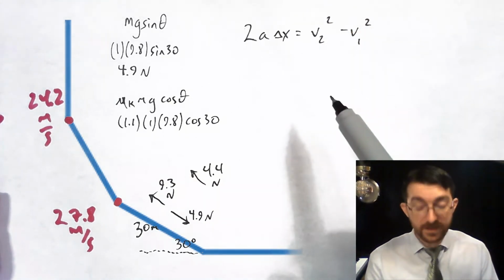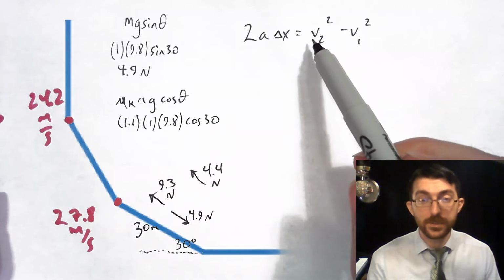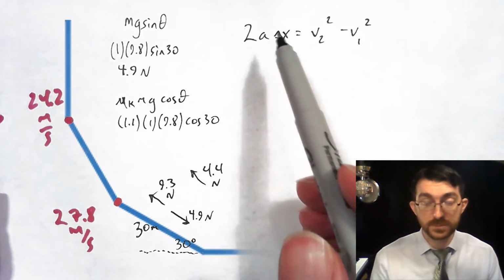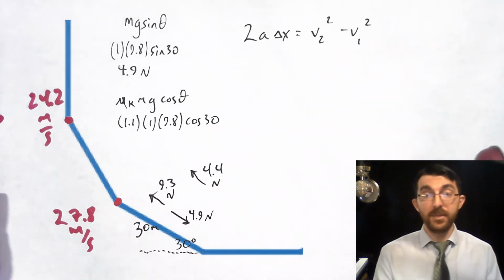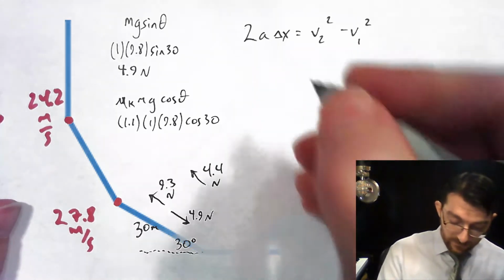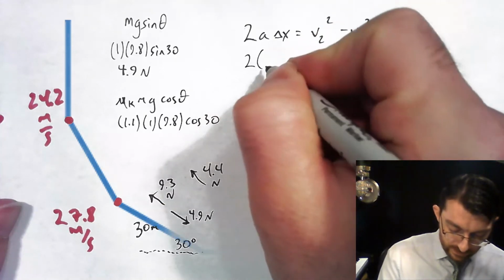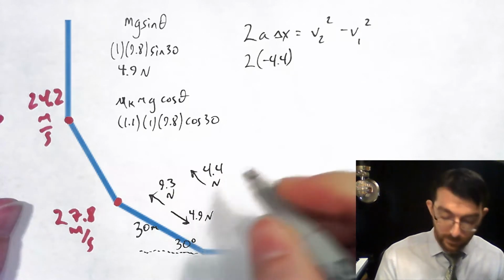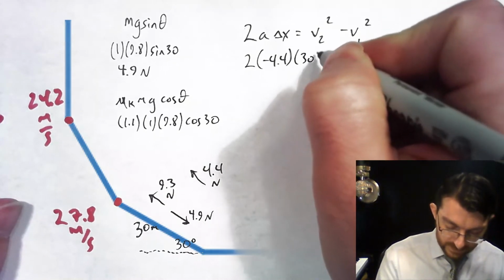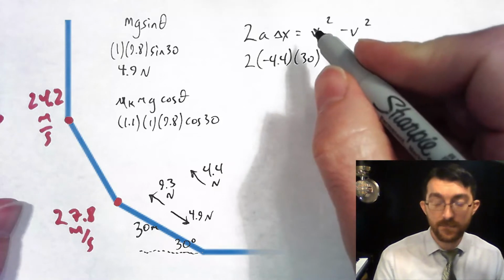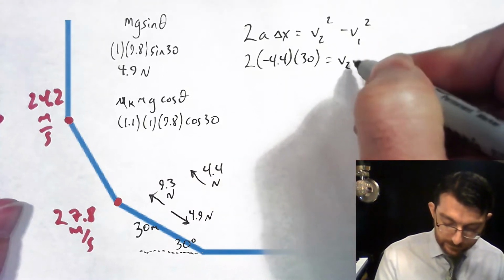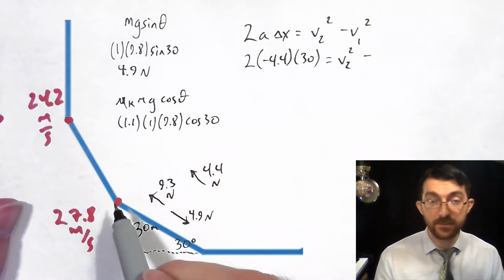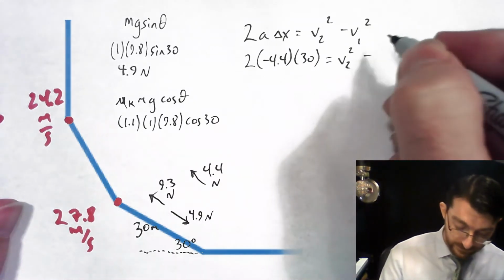Since it's slowing down and I need my v2 to be lower than my v1, that means I can let the acceleration be negative to make that be a deceleration. So if I wrote in here 2 times negative 4.4, okay, I got that from here. Delta x is 30, because every single segment has that length. That v2 is what we don't know. But the initial velocity was 27.8, because that's how fast it was at the end of the second segment. 27.8.